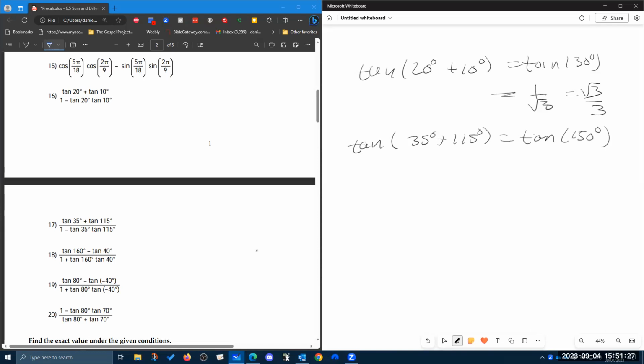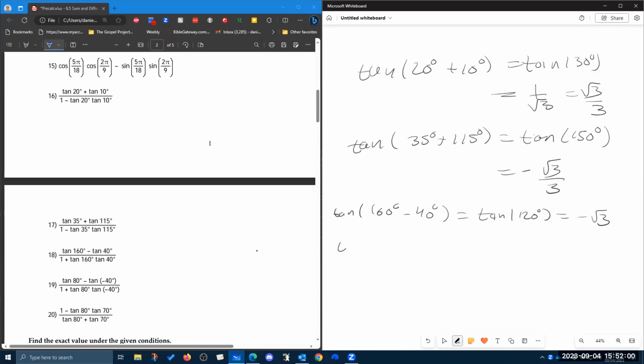So this is a 30-degree reference angle, but in quadrant 2, so it's a negative root 3 over 3. Tangent of 160 minus 40 is tan of 120. That's a 60-degree reference angle in quadrant 2, so that's negative root 3.